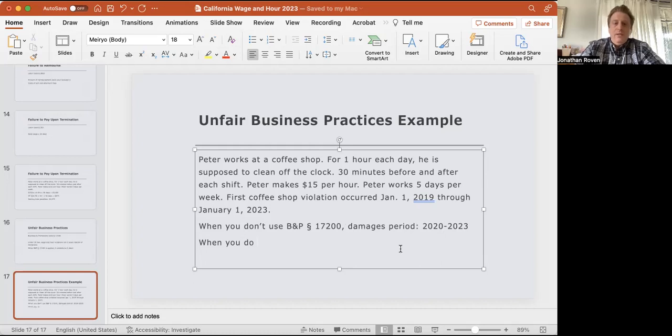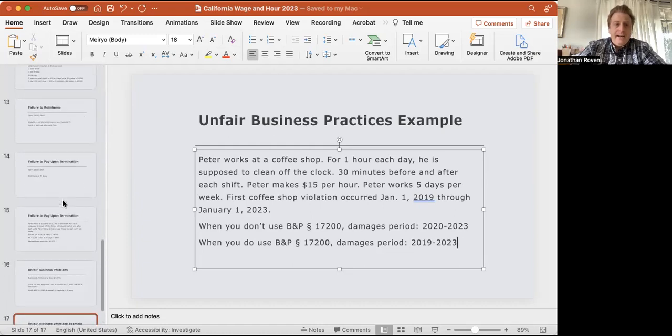When you do use Business and Professions Code 17200, the damages period is 2019 to 2023. So it gives you that extra year.